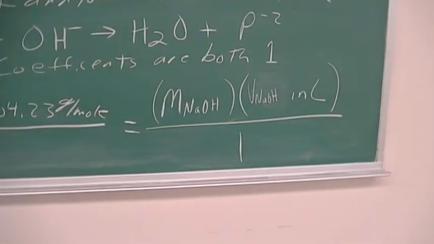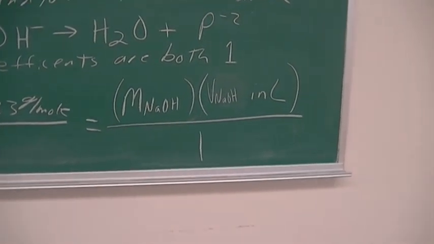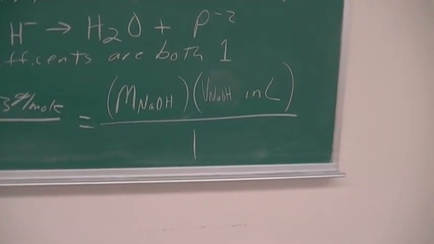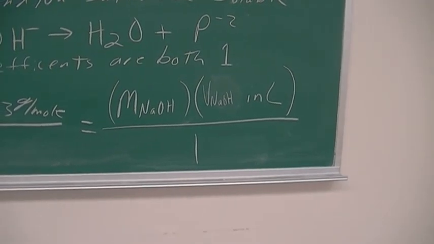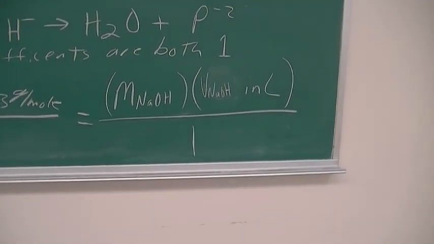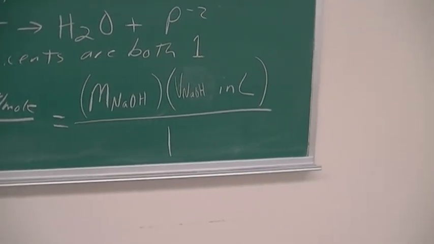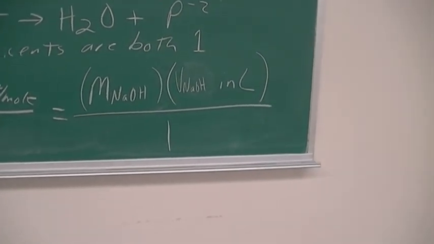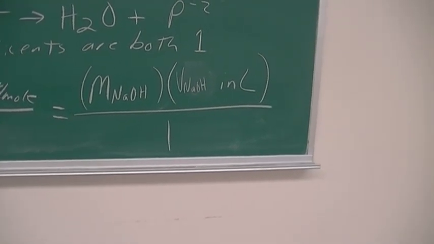For the base, the molarity of NaOH is what we are calculating. That is what we do not know. But we do know the volume of NaOH. That volume on the burette is in milliliters, so make sure that you use the volume of NaOH in liters. And again the coefficient is 1.